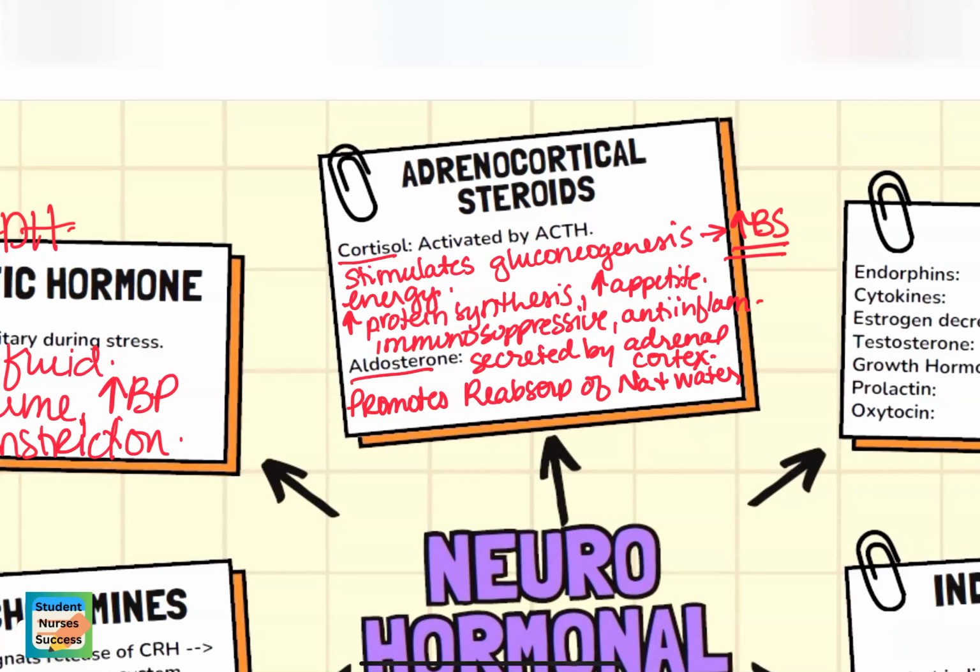Whenever you have sodium, water comes along with it. And when we reabsorb both sodium and water, what that does is it actually helps increase our blood pressure and blood volume. Now, if we're reabsorbing sodium and water and increasing our blood volume and increasing our blood pressure, we're also decreasing our urine output.